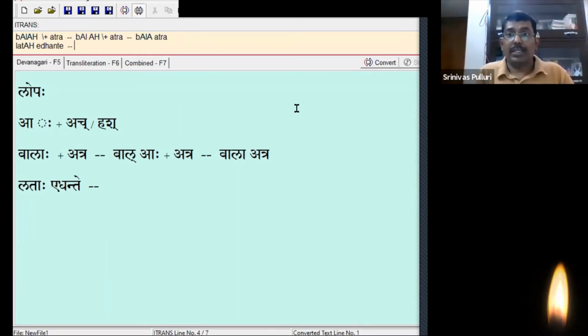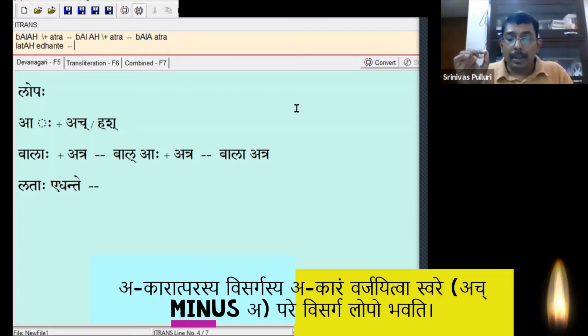The second situation is akarat parasya visargasya akaram varjaniyitva sware pare lopo bhavati.